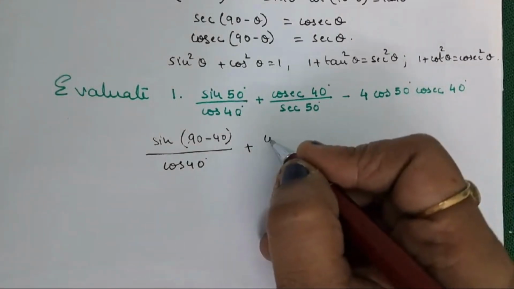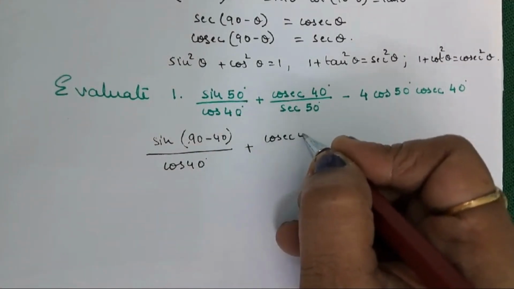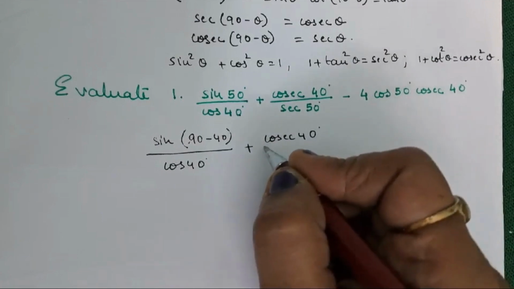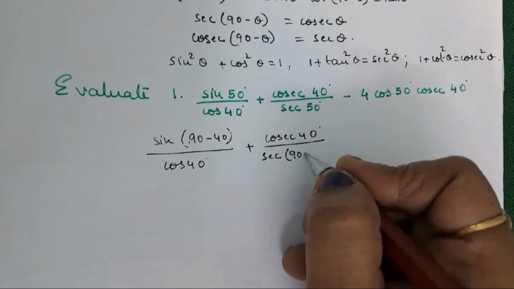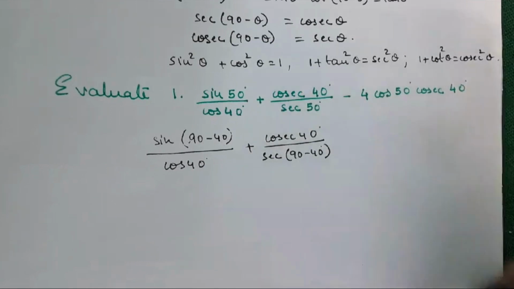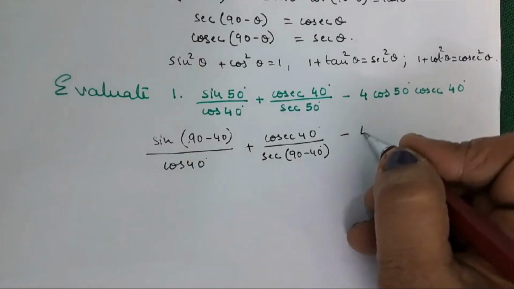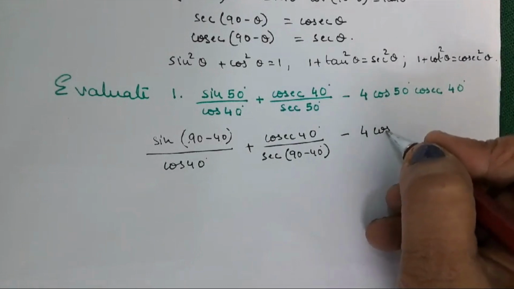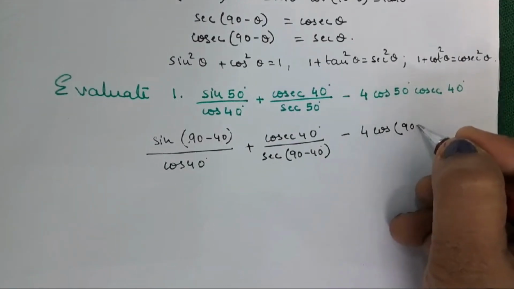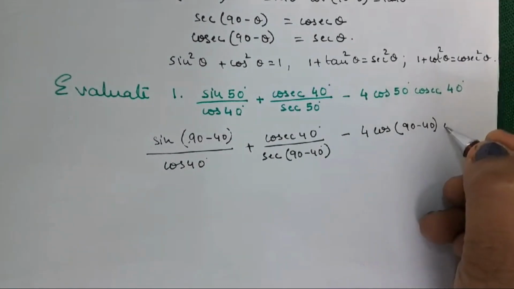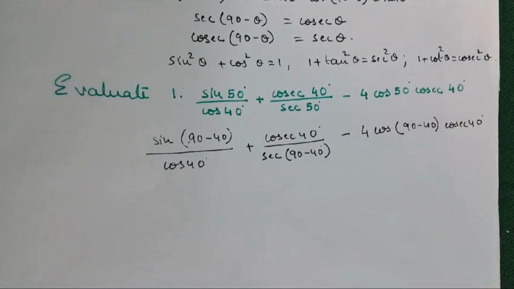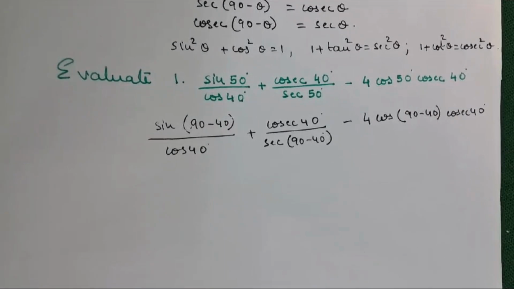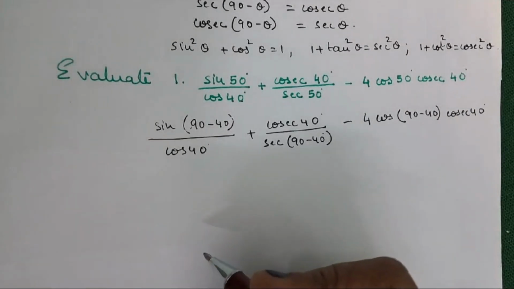Plus cosec 40, because it is less than 45, so this we keep. Sec 50 we will write as sec 90 minus 40, minus 4 into cos 50, which we write as cos 90 minus 40, into cosec 40. So the angles which are more than 45, we change in the form of 90 minus theta.